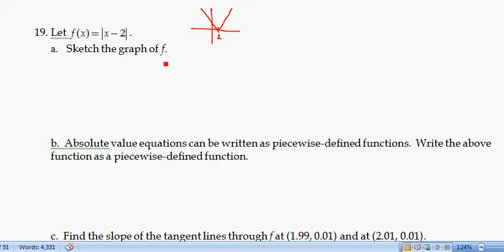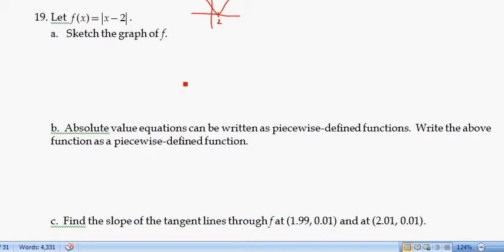So we can write this function as a piecewise defined function because we can think of this as 2 pieces. One piece is the piece that's coming down, and then the other piece where it's coming up. So this line right here has slope negative 1 and a y-intercept of positive 2, for x values less than 2.